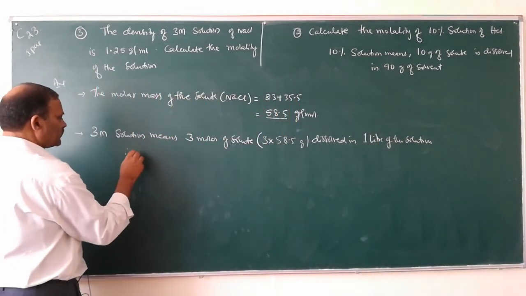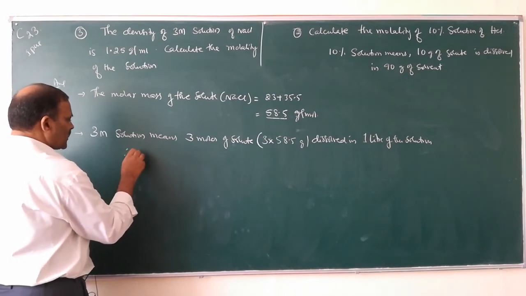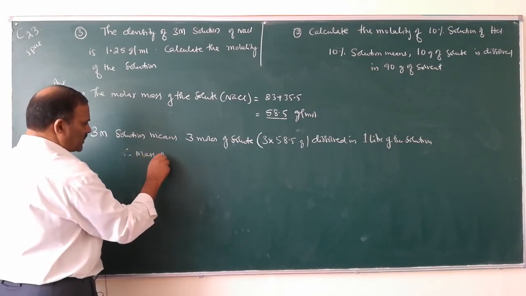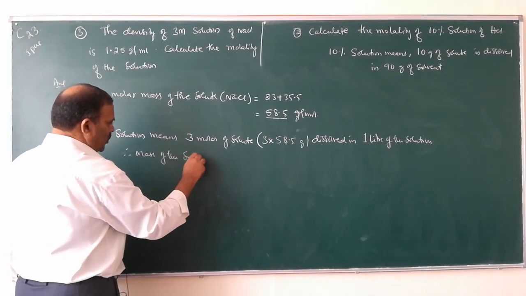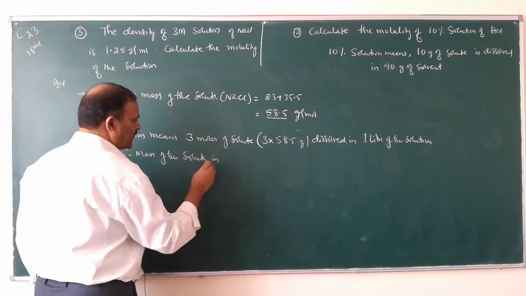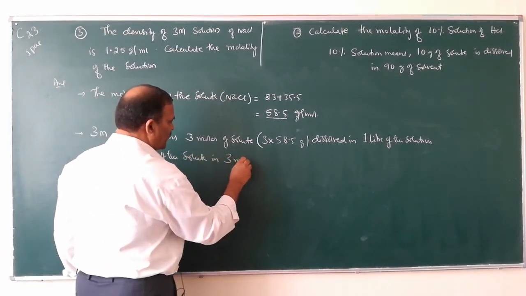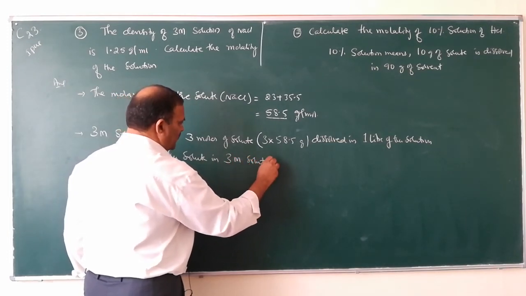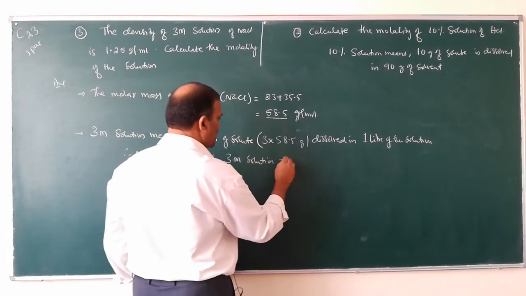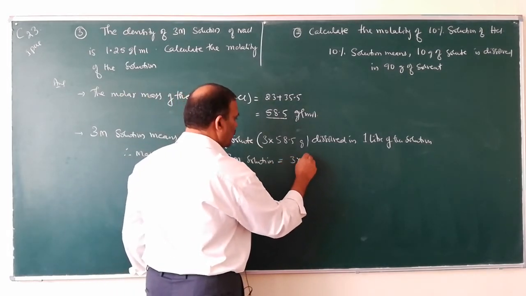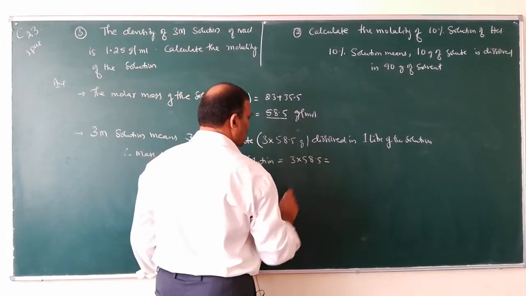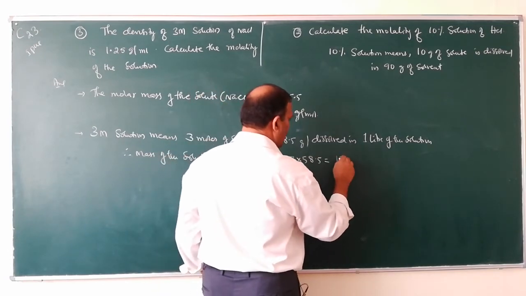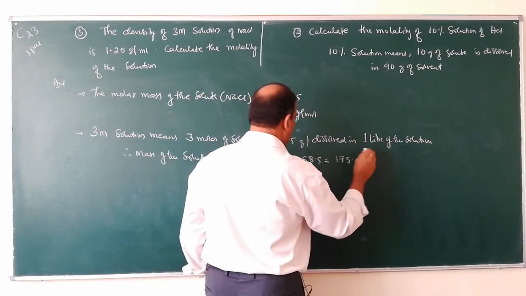Therefore, the mass of the solute in 3M solution is equal to 3 into 58.5, that is equal to 175.5 gram.